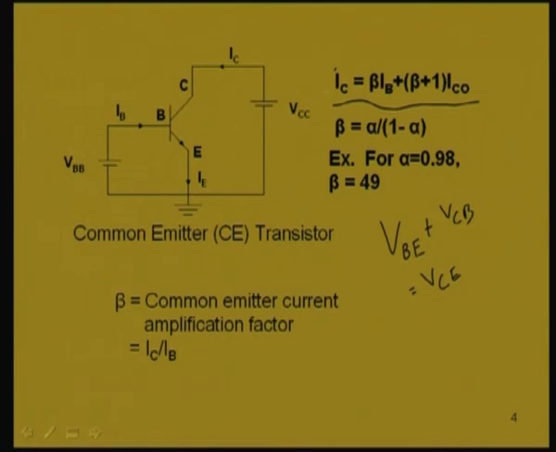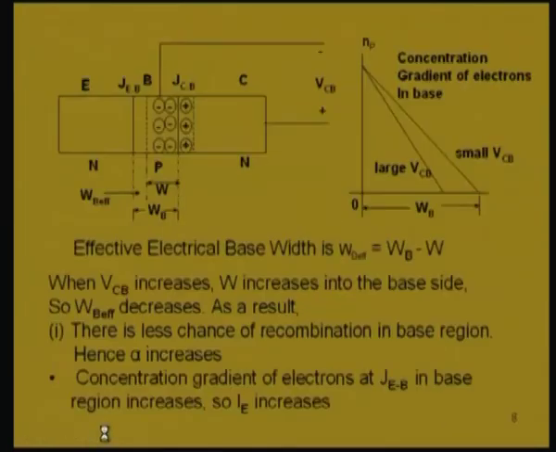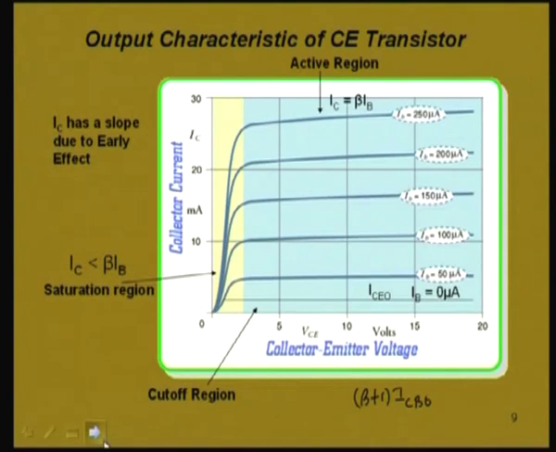So, that is why it is called ICEO. That ICEO is the current when IB is equal to 0. It is not exactly 0, it has a considerable amount.